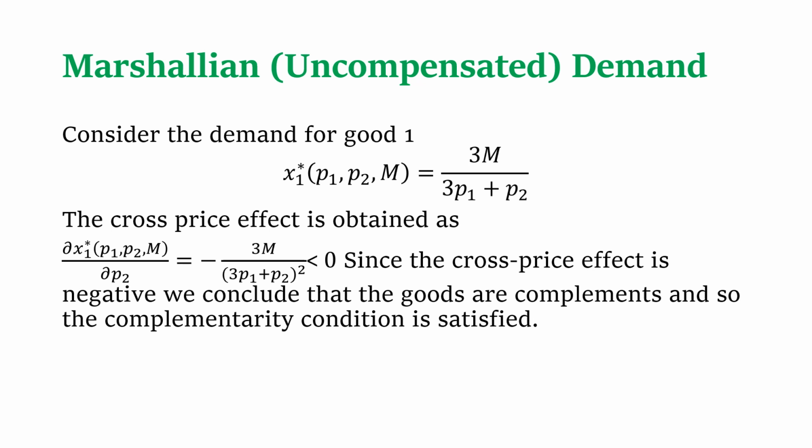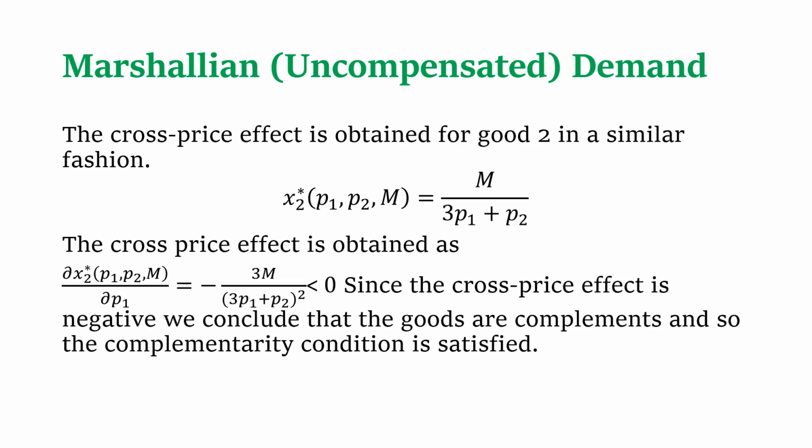So once we use that method, we're going to have minus 3m over (3p1 plus p2) all squared, which is less than 0. So clearly, you see that this whole term is negative. Because it's negative, it's less than 0. So the cross price effect is negative. We conclude that the goods are complements. And so the complementarity condition is satisfied.